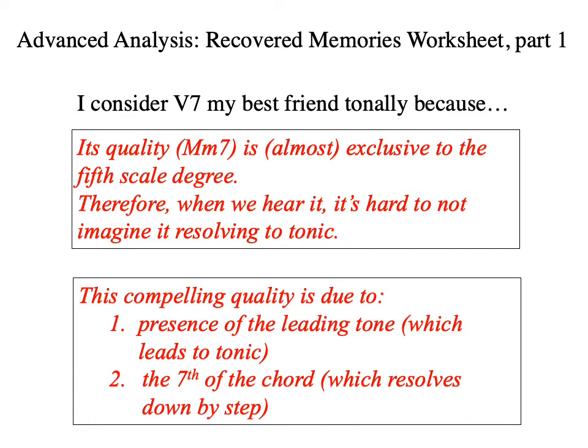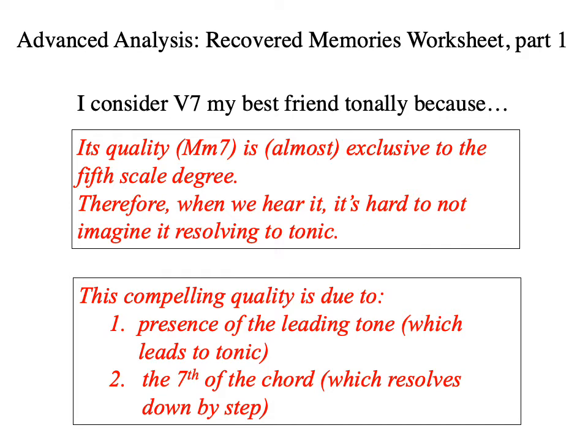A couple reasons for why that may happen. One is that a major minor 7th chord has the leading tone of the scale in it. And when you hear that note, you know you want it to resolve up to the tonic. The other thing too is a major minor 7th chord is dissonant. It has the 7th of the chord in it, which also has somewhere it wants to go.